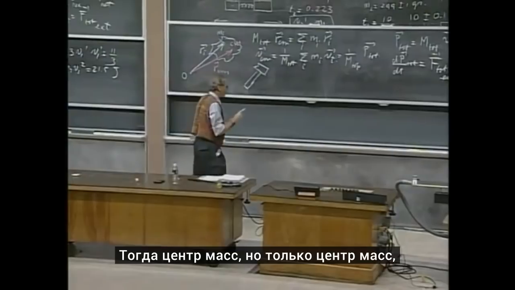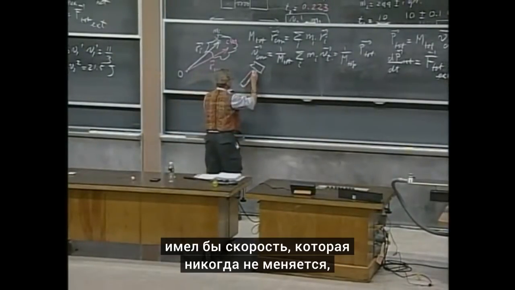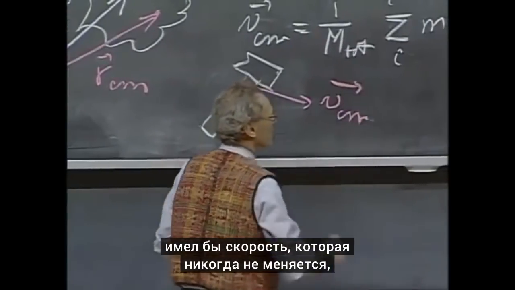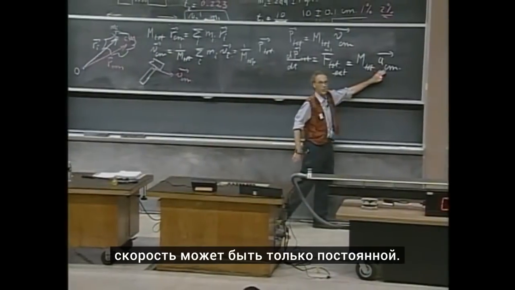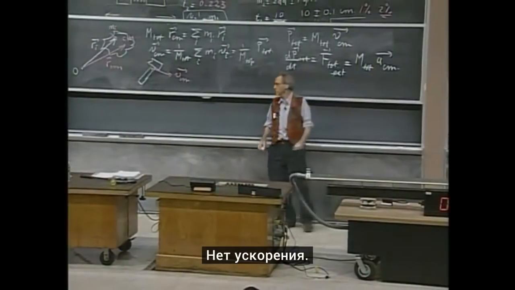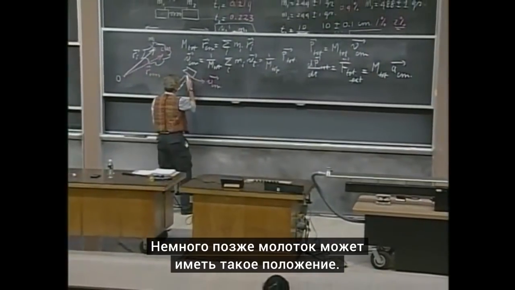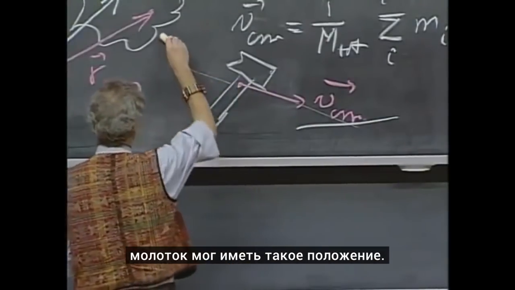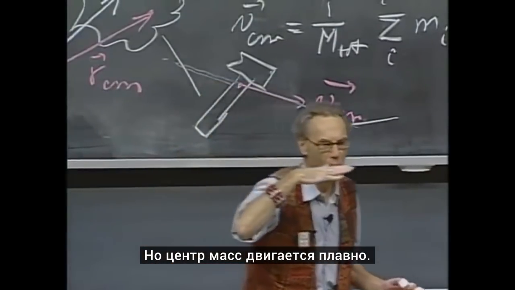Then the center of mass, but only the center of mass, would have a velocity that never changes, because if there's no external force, then there is only a constant velocity. There's no acceleration. But the hammer itself may be tumbling. A little later in time, the hammer may have this position. A little earlier in time, the hammer may have had this position. But the center of mass is just one smooth motion.